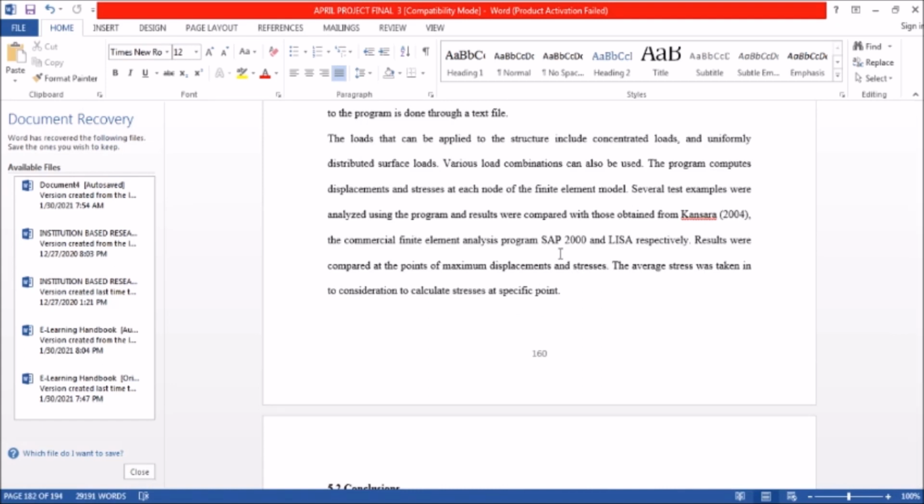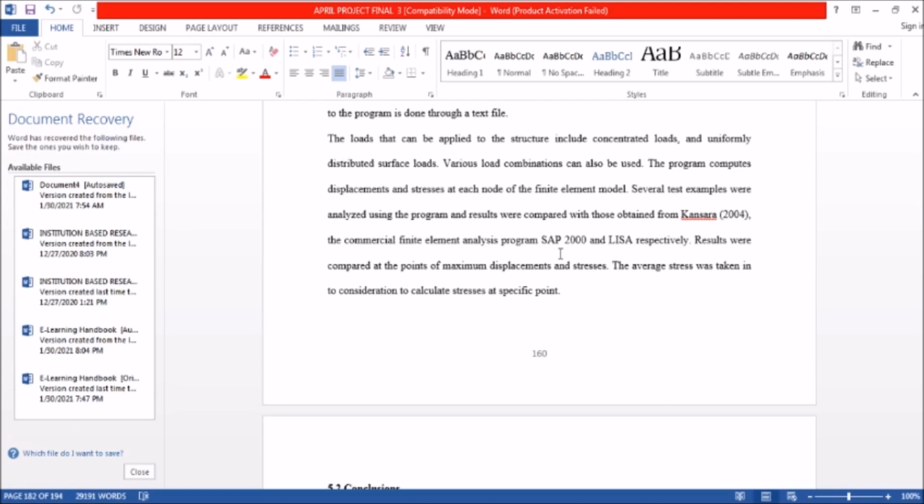Then after that, the next thing we need to talk about is the contribution to knowledge. Your project must have a contribution to knowledge. Without that, it means that it is useless. So contribution to knowledge is very vital. You must state what new thing your project is adding to the already existing body of knowledge.